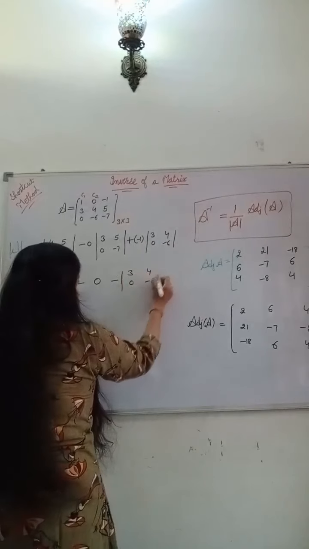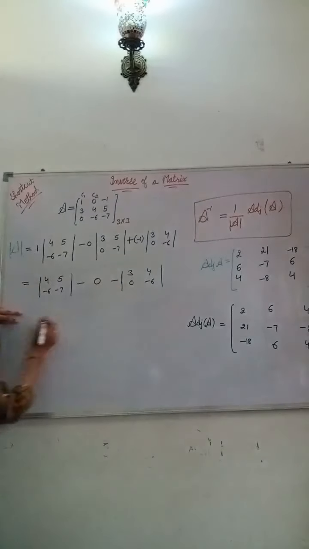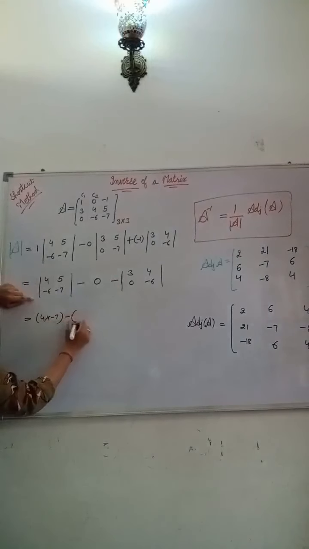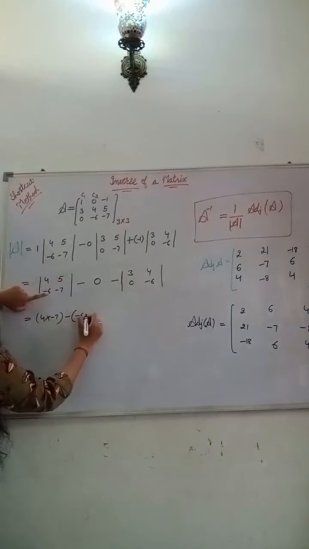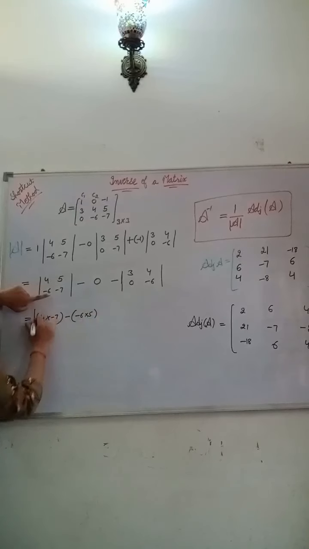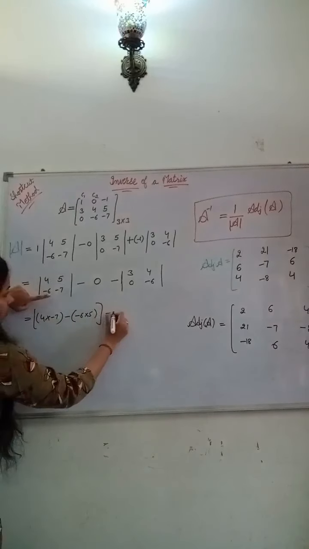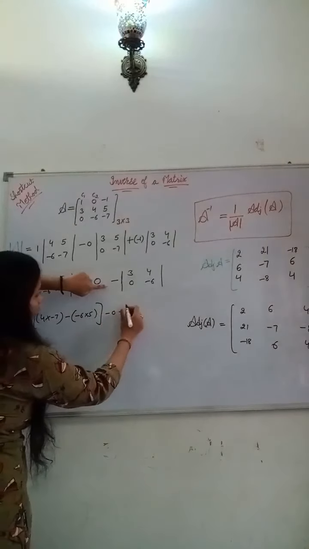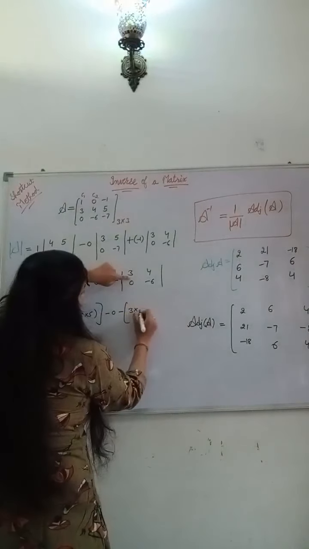Now solve it. 4 into minus 7. Put here subtraction sign. Multiply minus 6 with 5. Put here subtraction sign 0. Now 3 into minus 6. Put here subtraction sign 0 into 4.